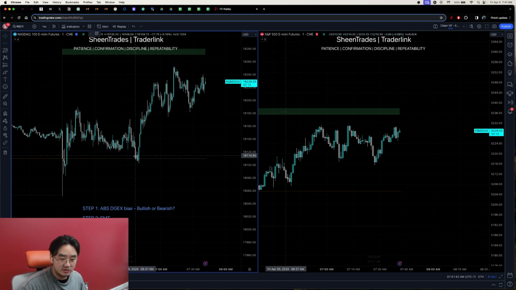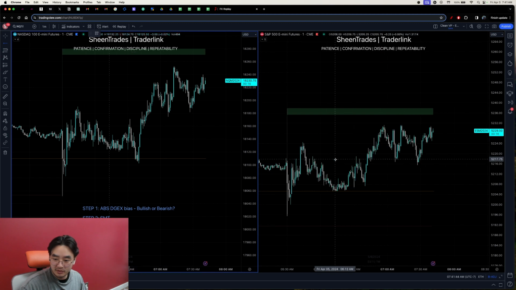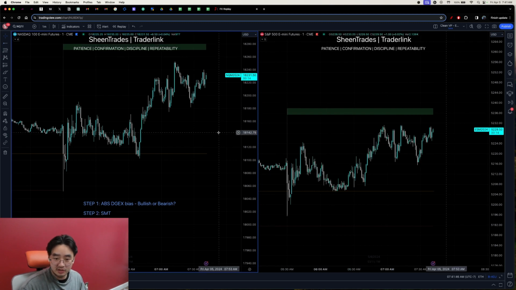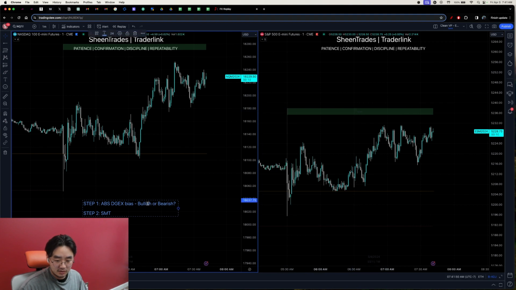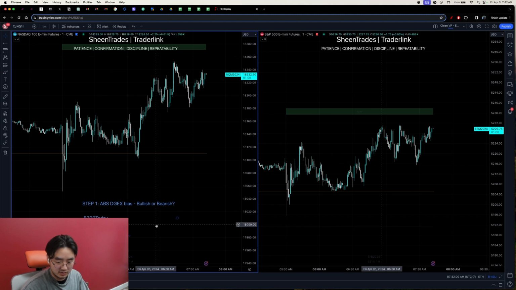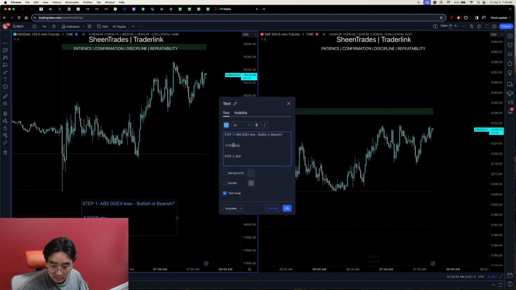So let's get into the setup from today. We have ES on the right and NQ on the left. ABS DGEX today is 5,200, meaning we are bullish.